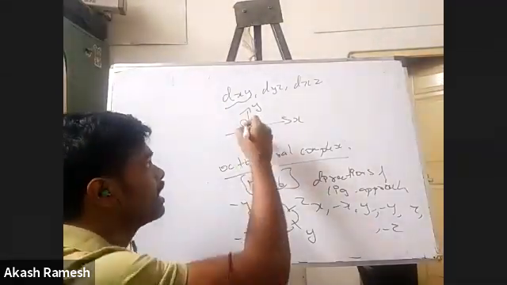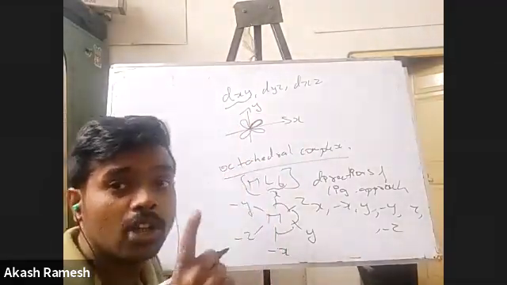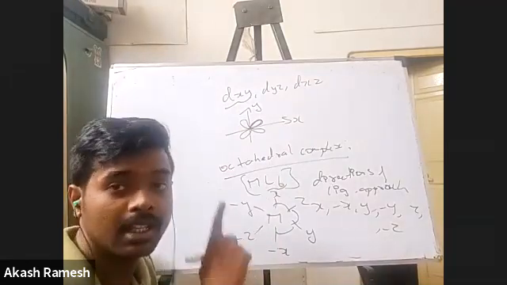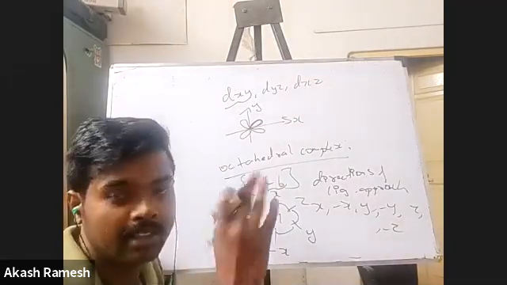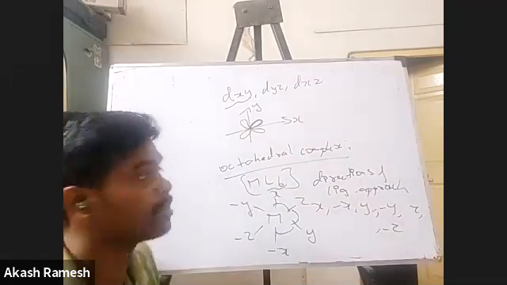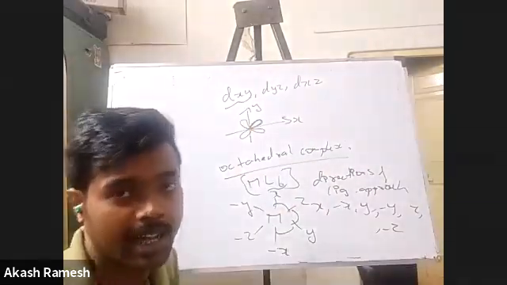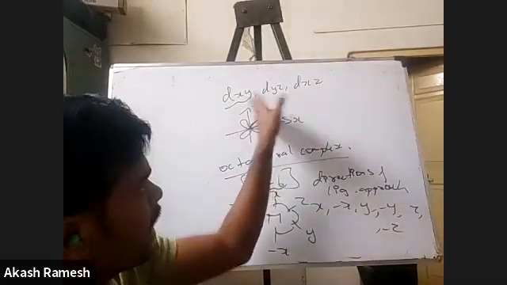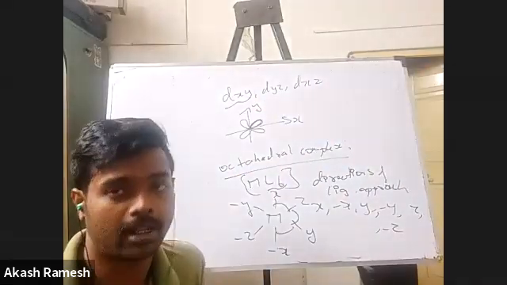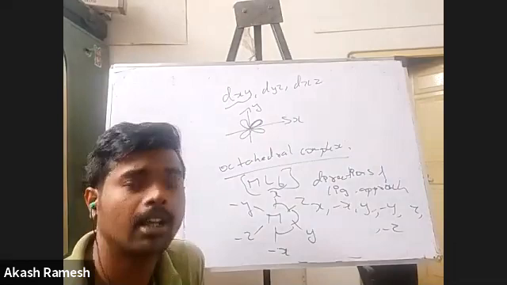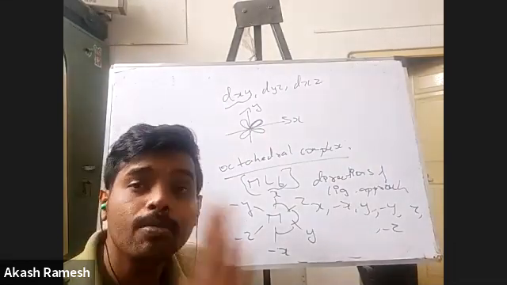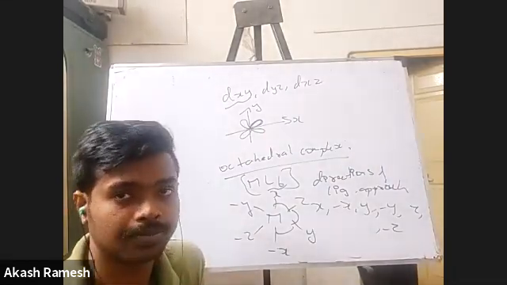You see the lobes, or the electron density, are not along the axis, but in between the x and y axes. If it is dyz, it will be between the y and z axes. If it is dxz, it will be between the x and z axes. What you have to understand is the lobes are pointing in between the axes.